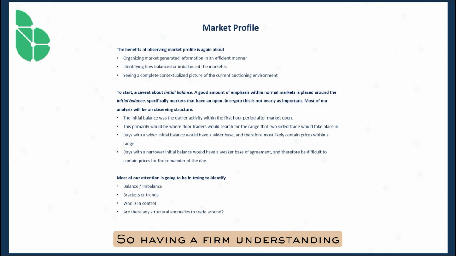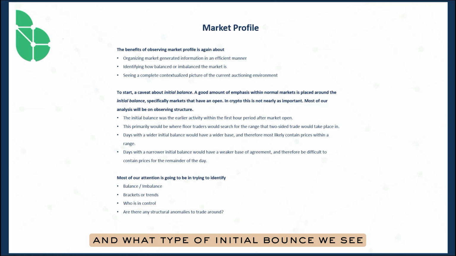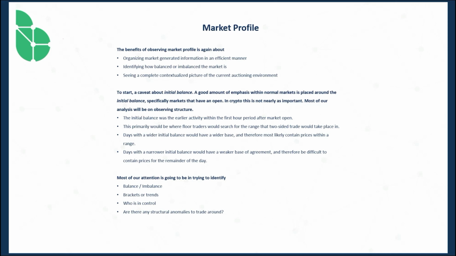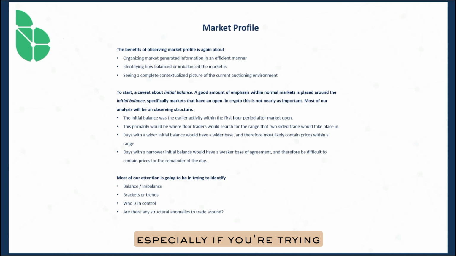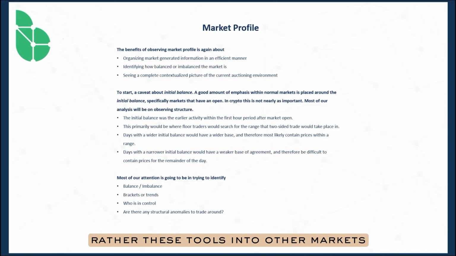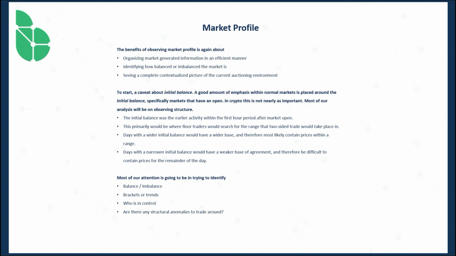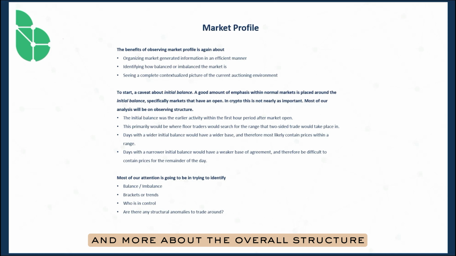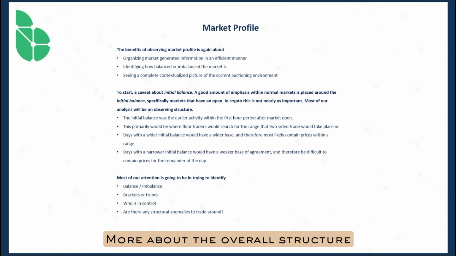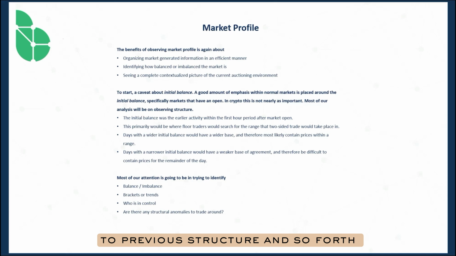Having a firm understanding of these day types and what type of initial balance typically precedes how they unfold is going to be important, especially if you're trying to take these tools into other markets. But with crypto, it's going to be less about the initial balance and more about the overall structure, and how we're trading in relation to previous structure, and so forth.